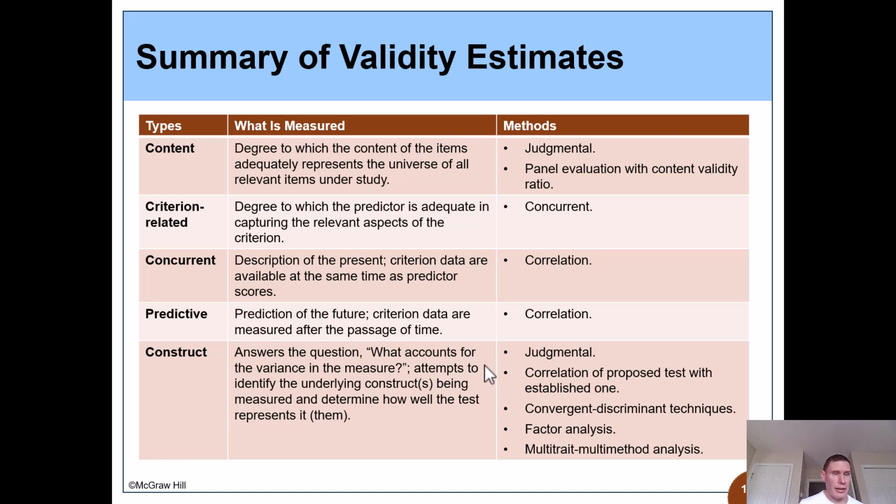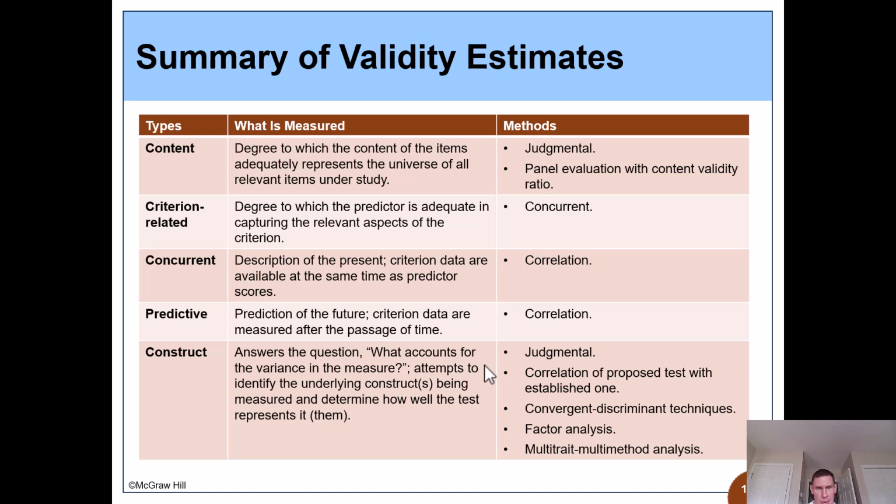Now we're talking about criterion related validity. This is the degree to which the predictor is adequate in capturing the relevant aspects of the criterion. And the methods, again, they can be concurrent. For concurrent validity, the criterion data are available at the same time as predictor scores. The methods here would typically be correlational.